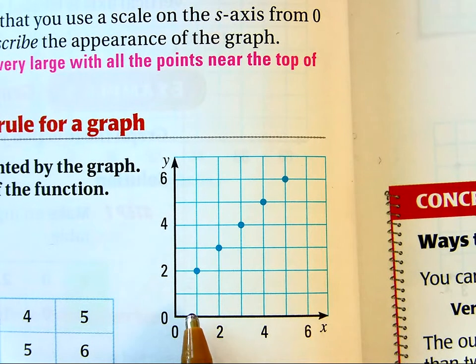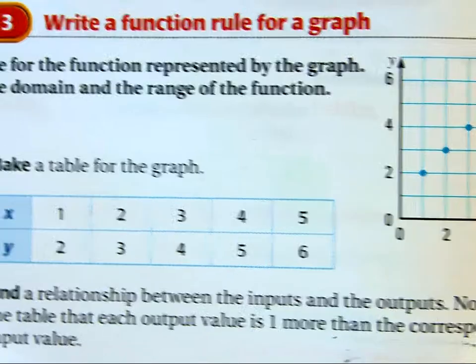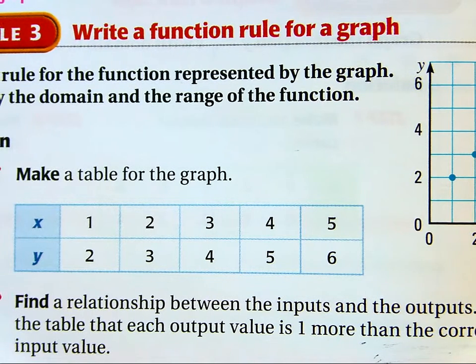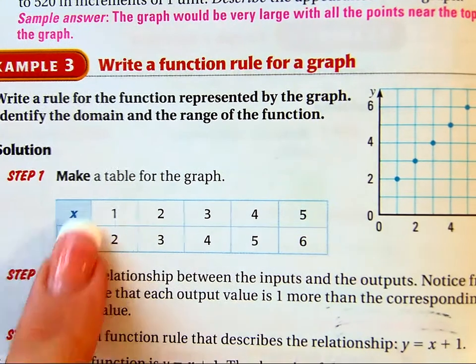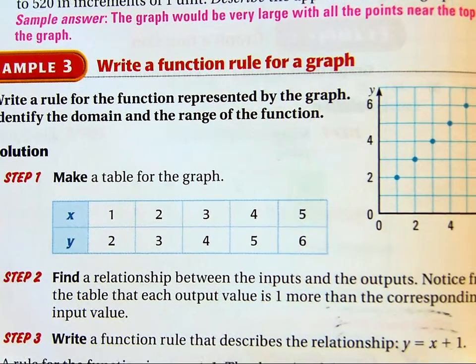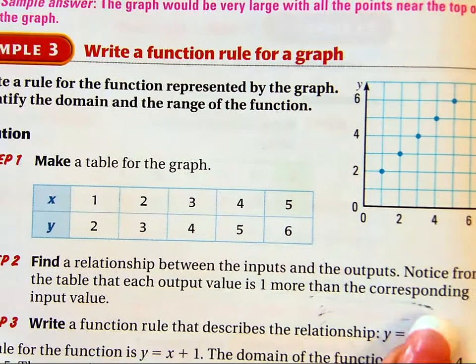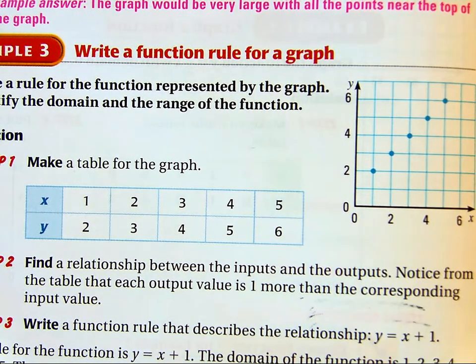So from this, it looks like we have (1, 2), (2, 3), and this is the table that results from that graph. Okay? So step 1, make a table from this graph. And you can pause this video at whatever point you need to. So these are the points that I pulled from there.